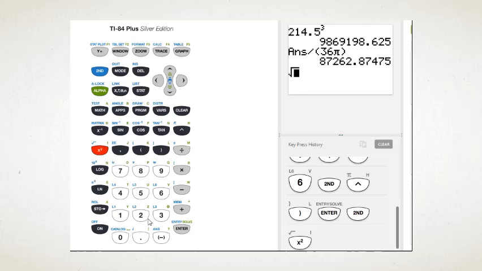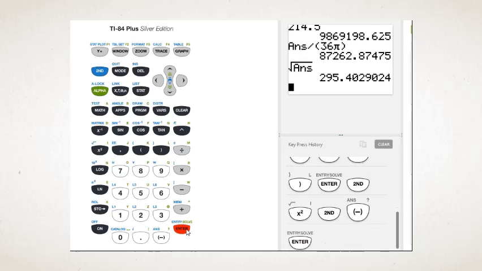So here's another trick. If you look right down here above the negative symbol, right underneath the 3, you see above that in blue, A and S. That's answer. That'll load in the previous answer. Since I had to put in my square root symbol first, I couldn't just hit square root, because it's going to ask me square root of what. So I'm going to hit second, the little negative symbol. That loads in that answer. Let's hit enter. This should give us an answer.